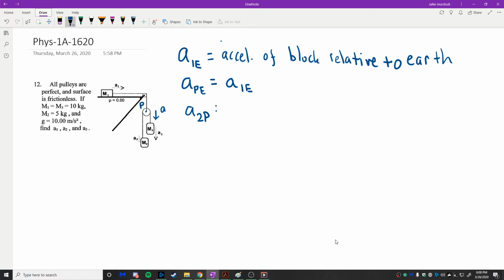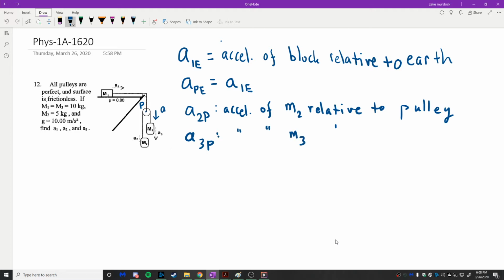That would be the acceleration of block 2, so mass m2, relative to the pulley. And then we'll define A3P to be the acceleration of m3 relative to the pulley.